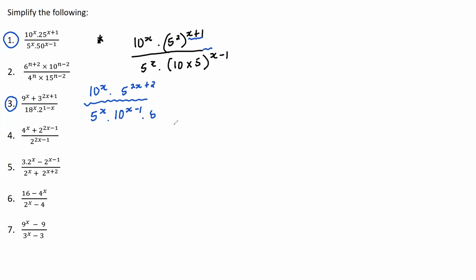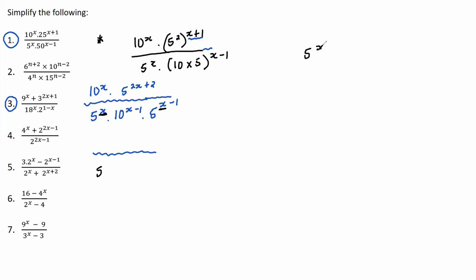At the bottom, I've got the 5s, and they're multiplying, so the powers must add. At the bottom I will end up with 5 to the power x plus x minus 1.